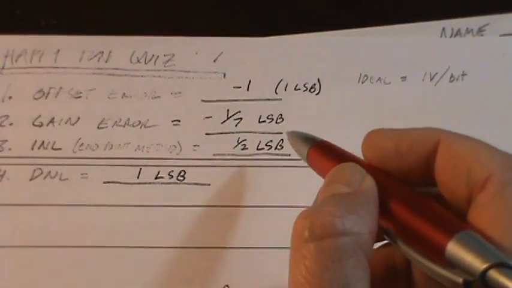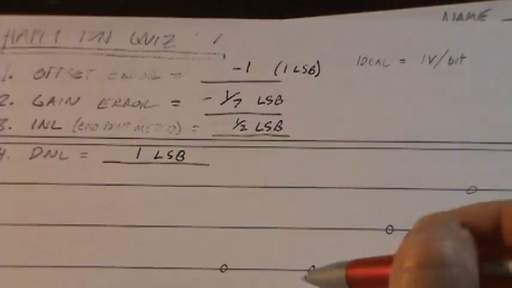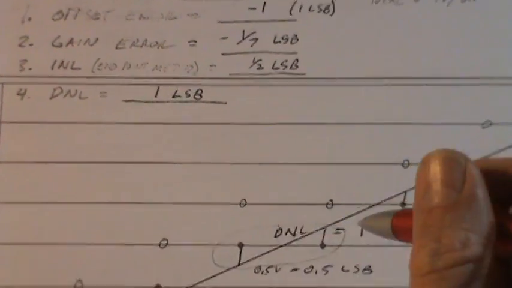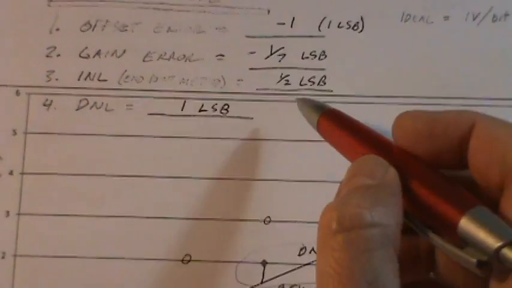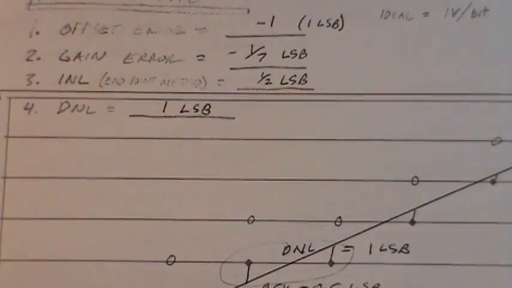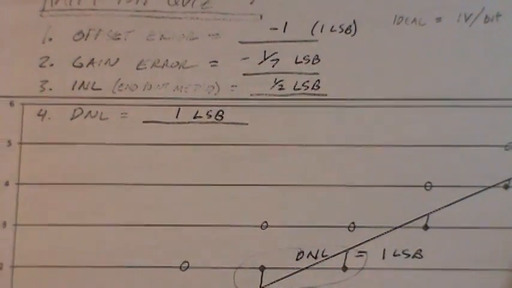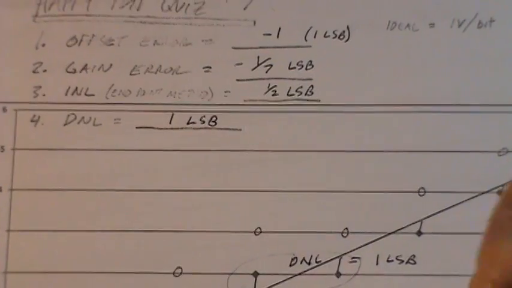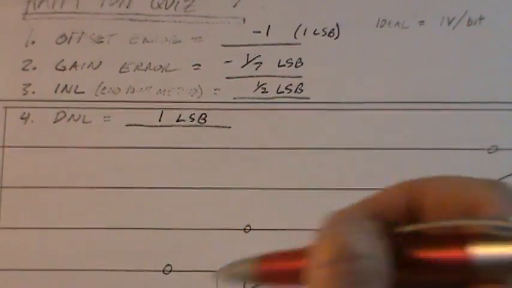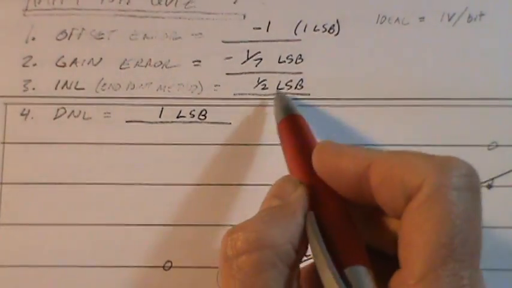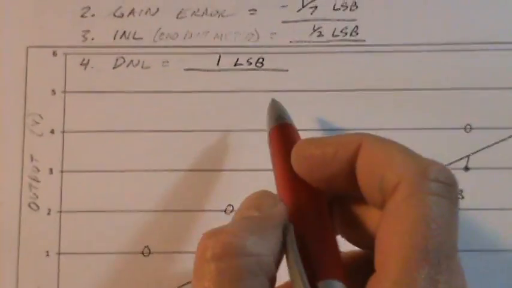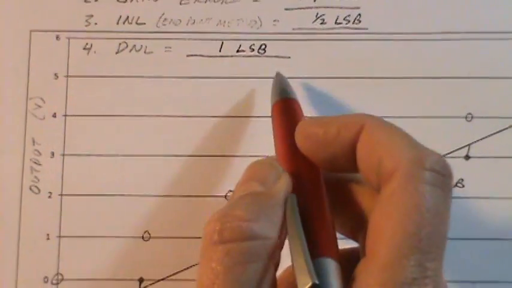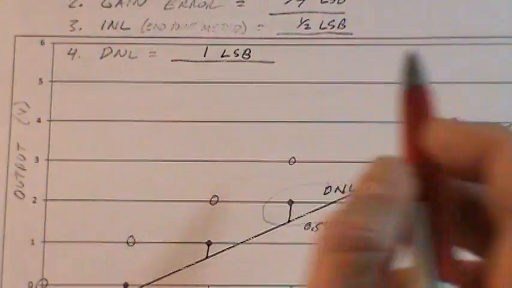The integral nonlinearity, you don't necessarily have to assign a sign to that, but we see it was on the order of about 1/2 LSB. The deviation from any line I can draw, at least the one through the endpoints, is 1/2 LSB. And finally, the differential nonlinearity was 1 LSB.